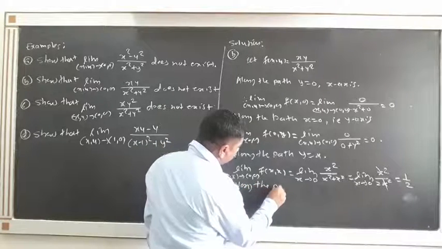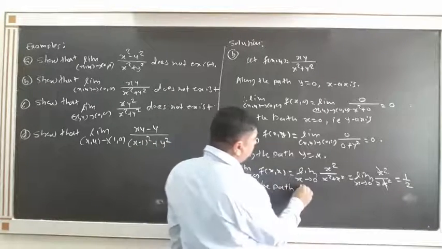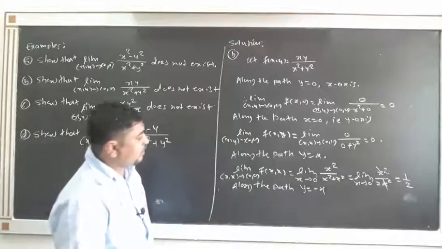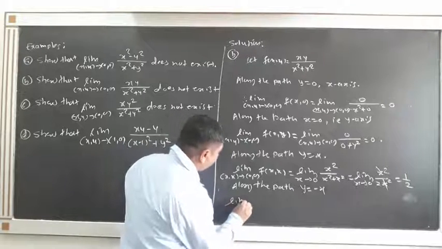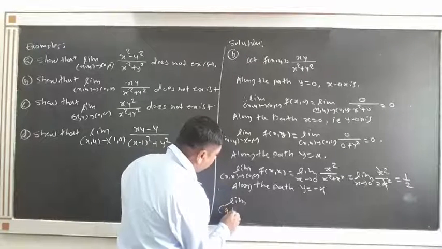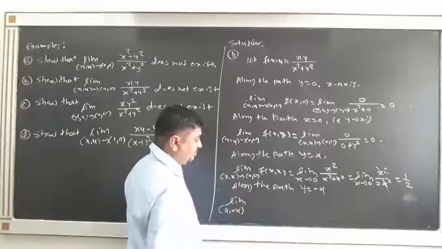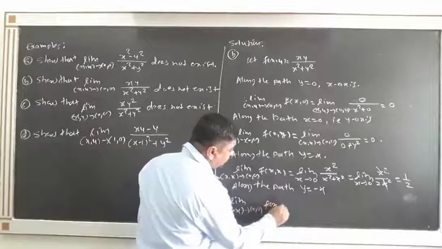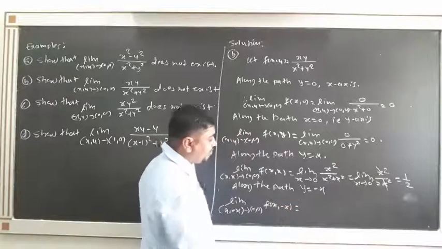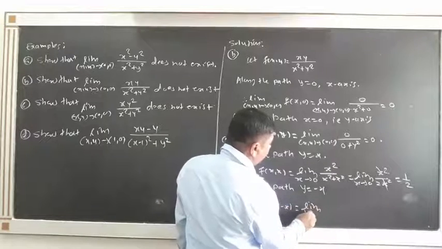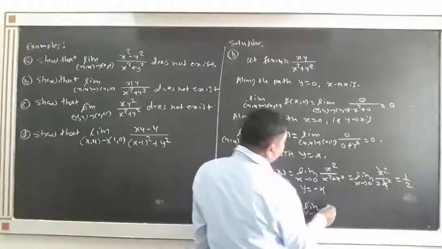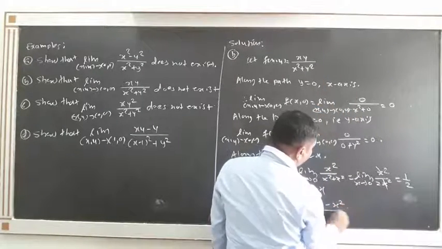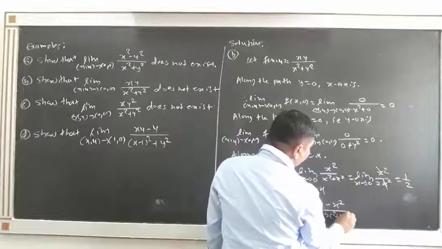You can go for the next. Along the path y is equal to minus x. So the limit as (x,-x) tends to (0,0) of f(x,-x). Again this is the same, x tends to 0, and xy is minus x square upon x square plus x square.